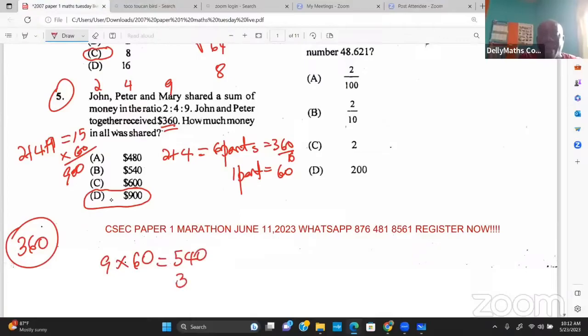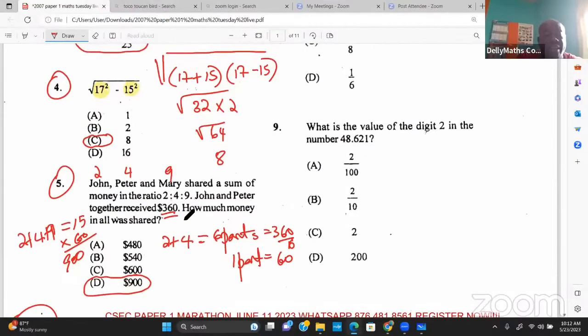And then we could add back this to it, and we're still going to get that same 900. So it depends on what you want to do or what you see, right? But definitely the clue that was given here was the fact that they gave you John and Peter's total. That's the clue, all right? So you don't want to mix it up right there.